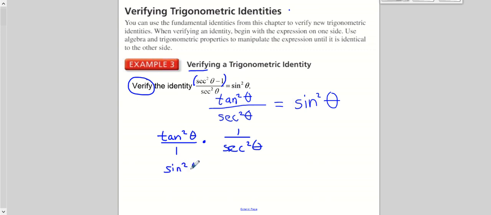So we have sine squared over cosine squared, times, what is the reciprocal of secant? Cosine. So 1 over secant would equal cosine over 1. And it's secant squared, so we would get cosine squared over 1.